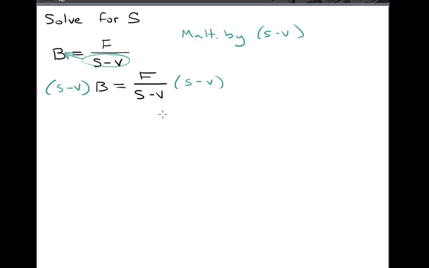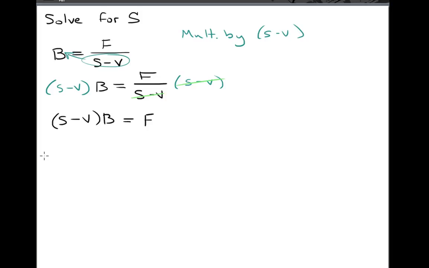Okay, so on the right hand side things will cancel and we'll be left with just f, and that's going to be equal to b times s minus v.